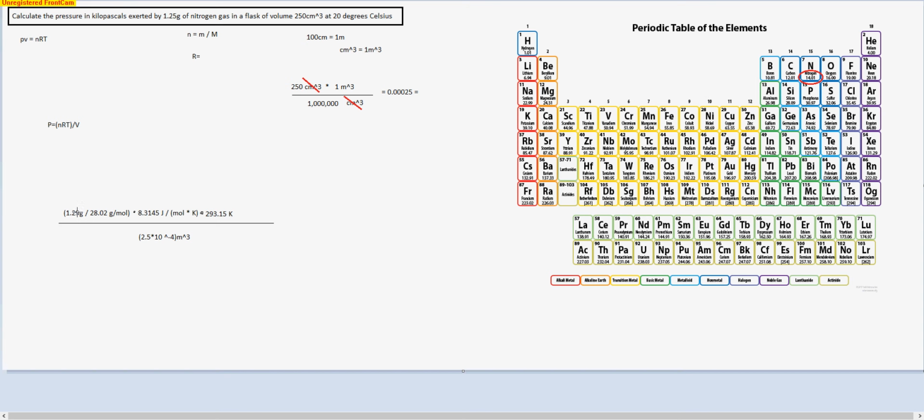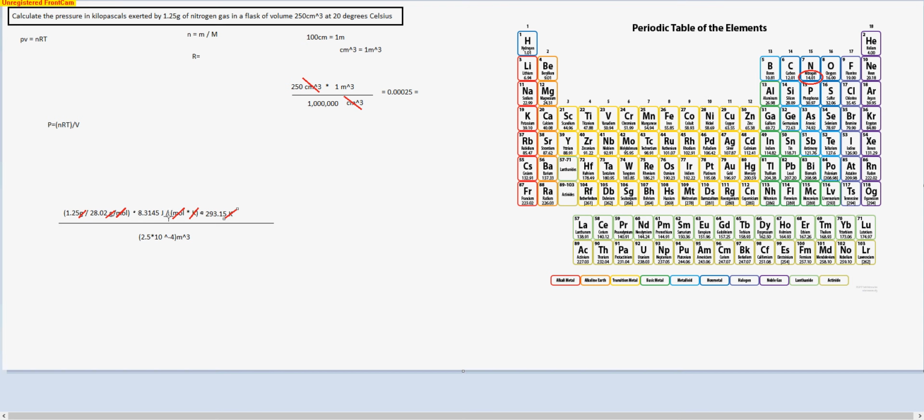So the grams are going to cancel here. Remember, this is dividing this, and then this is dividing. So if we were to flip and multiply this second area, you'll see how the moles would go on top. So the moles are going to get canceled because this is now in the numerator and it's being divided out here. Kelvin is in the denominator, so it's going to be canceled as well.